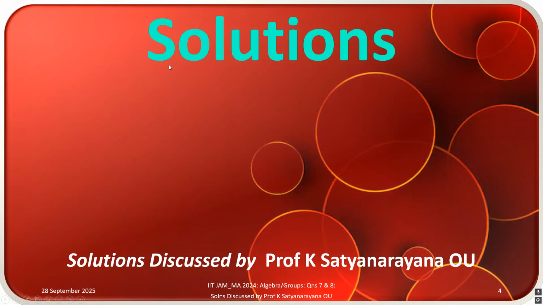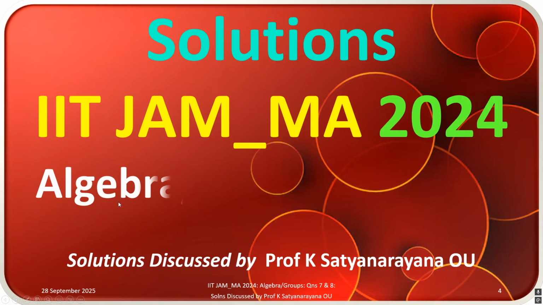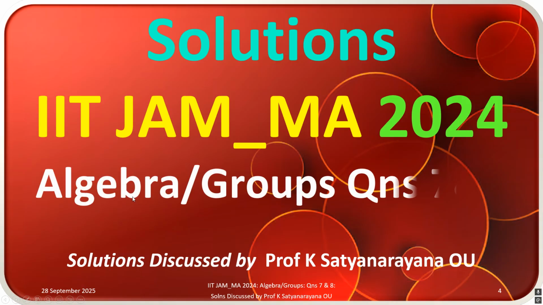We continue the discussion of the solutions of the problems that have appeared in the IIT JAM Mathematics exam 2024. In this video, we discuss the solutions of two problems from the section Algebra, and both the problems are from group theory, and the questions carry serial numbers 7 and 8.